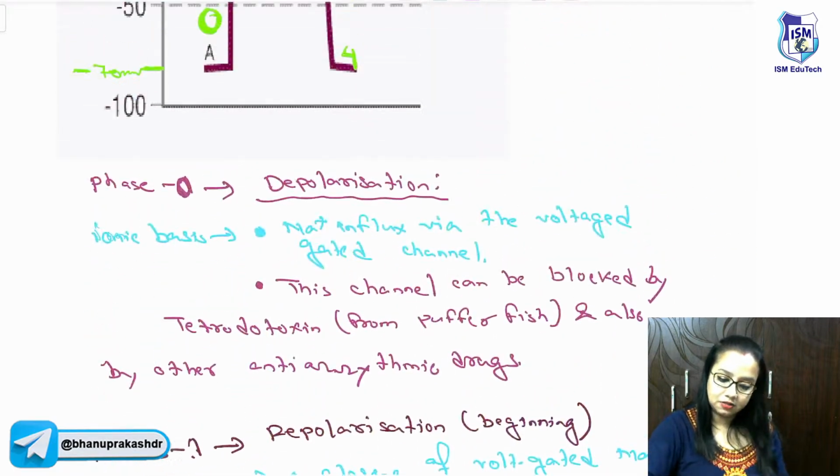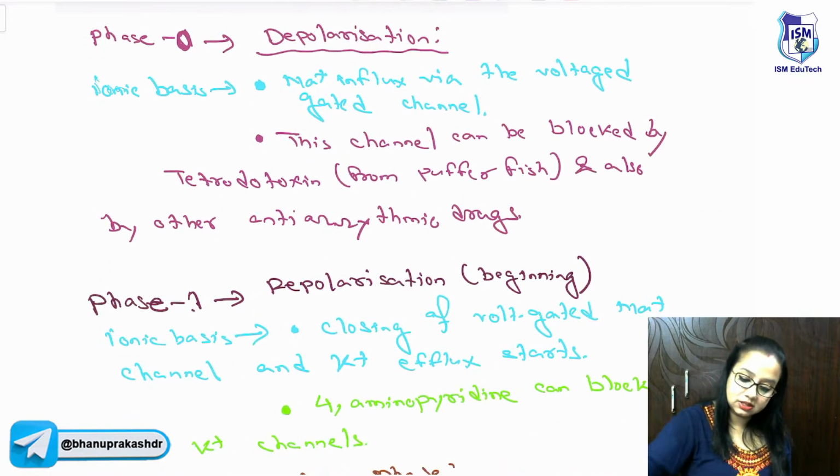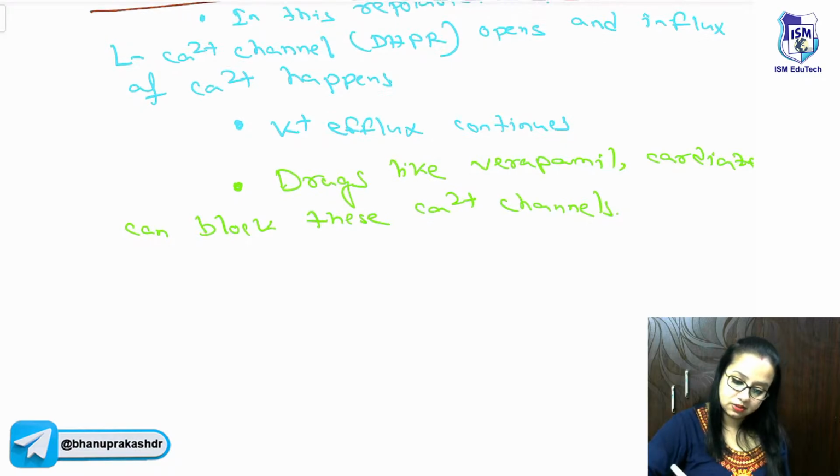Okay. Now, after the plateau, that is the phase 2, there is a rapid downfall. There is a rapid downstroke. This is the phase 3. So, next is the phase 3.